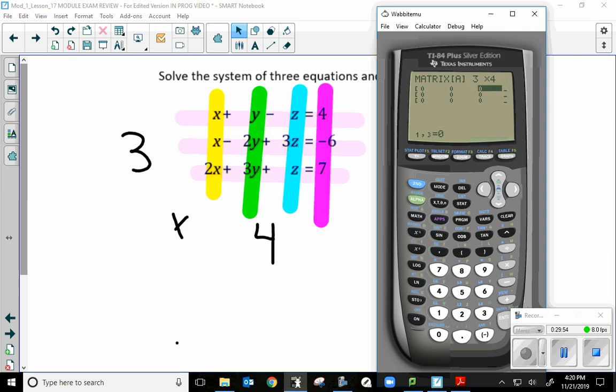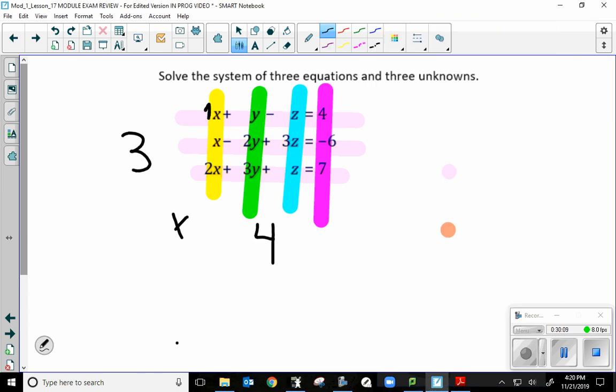I have 3 zeros here, but then if I move over one more, there's a fourth column. And you can see these little brackets end my matrix. So what I'm going to put here is all of my coefficients in numbers and no letters. Meaning, this is 1x, 1y, and minus 1z, and I have a 4 here. 1x, negative 2 for my y, positive 3 for my z, and negative 6 for the answer.